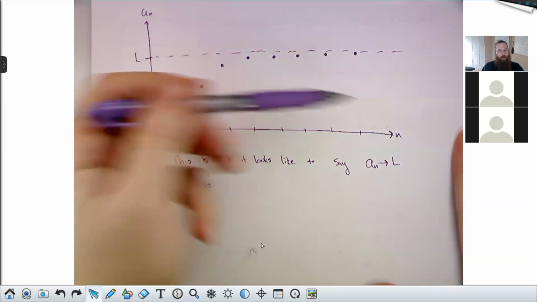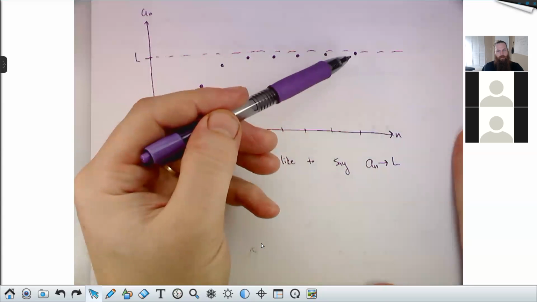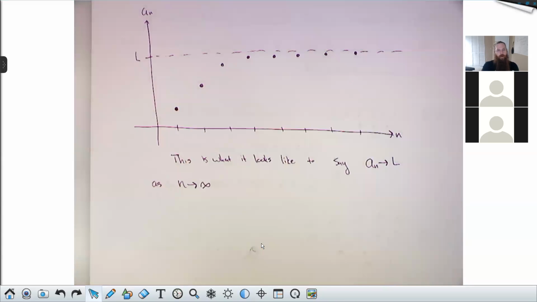As you go further and further this way, the dots are getting closer and closer to the line y equals L. The term used here is converge. We say that the sequence is converging to L. Converge means to come together. So here, all of these dots are starting to pile up on the same y value.